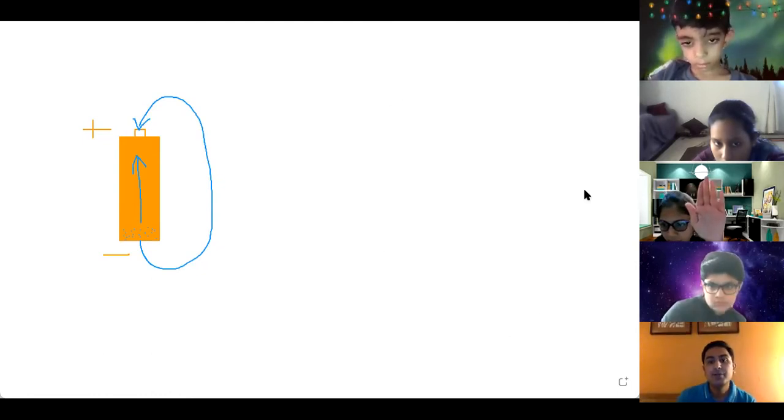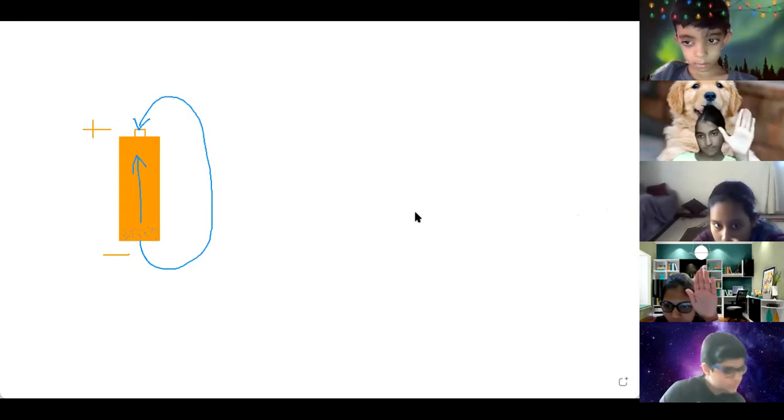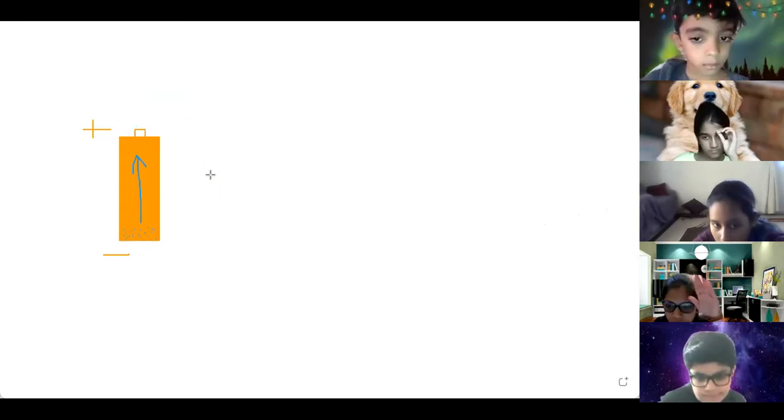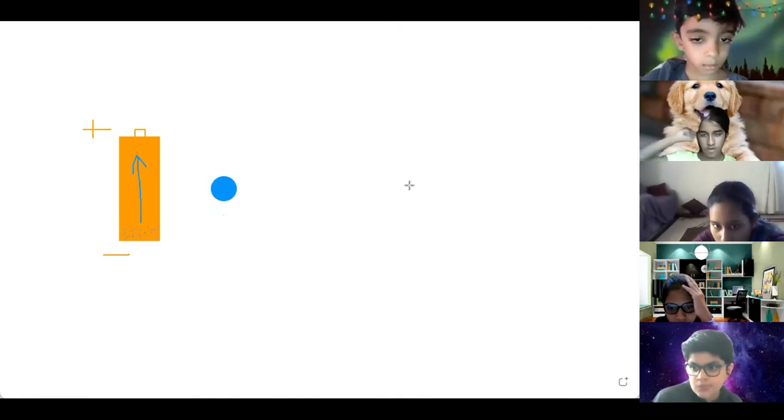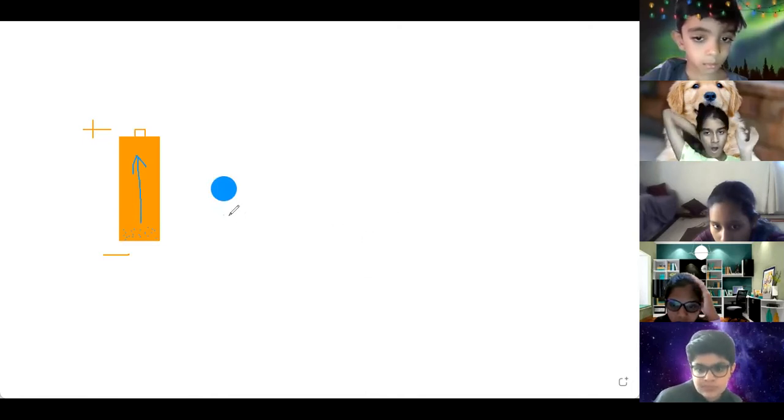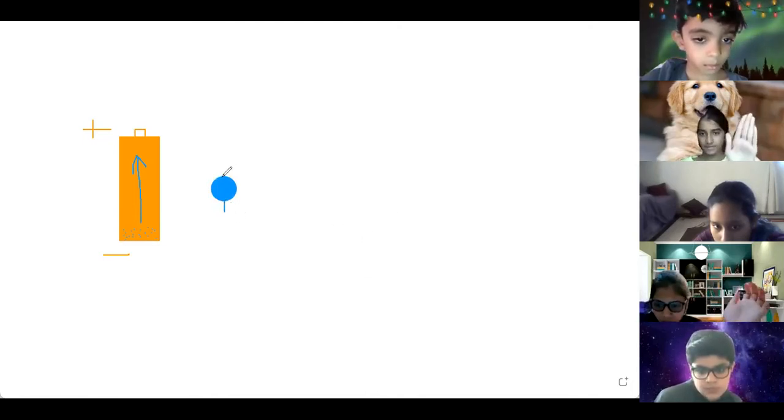We put up something here. In our case, for example, in this example, I put the buzzer. This is my buzzer. And the buzzer has two ends. Here and here.